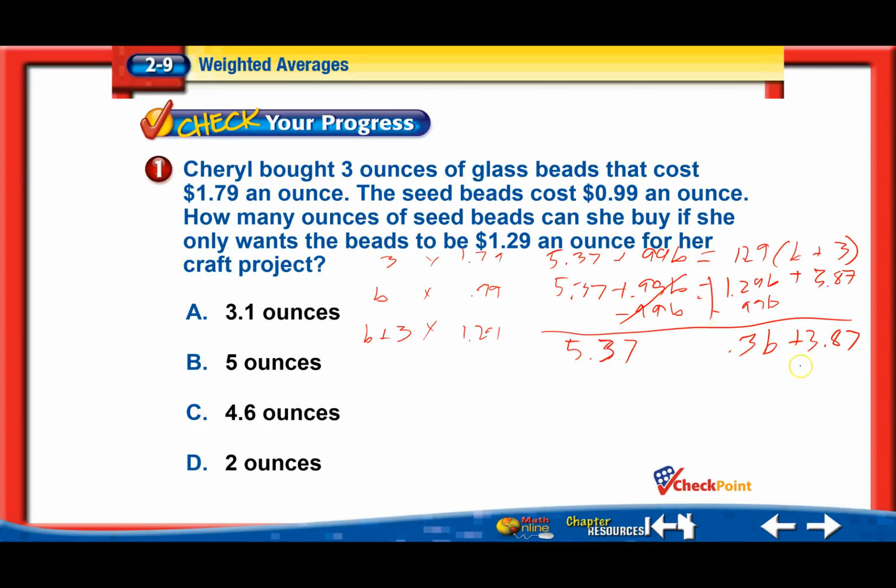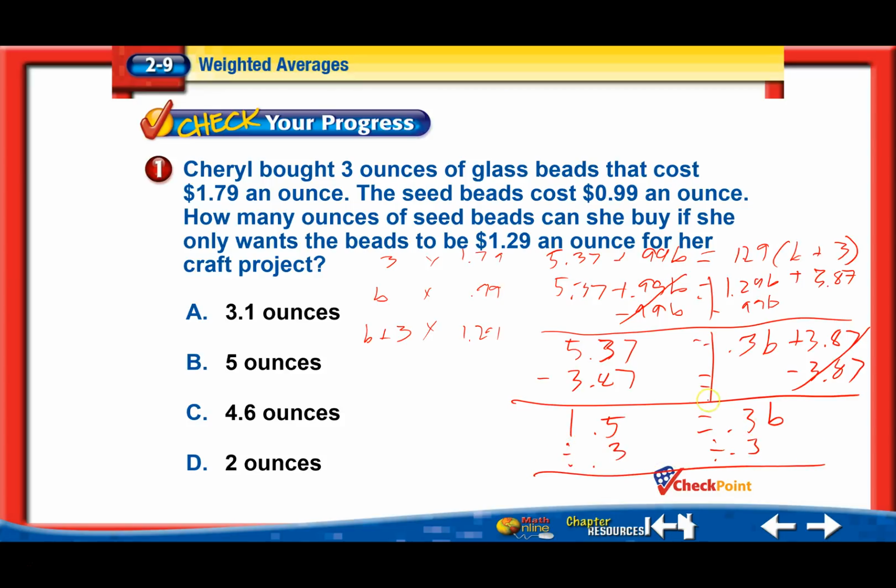From here, I'm going to subtract 3.87, subtract 3.87. Those cancel, because it's all equals here. Equals that. That comes down to 1.5. Hey, it's going to come out evenly. 0.3 b's, divide by 0.3, divide by 0.3.